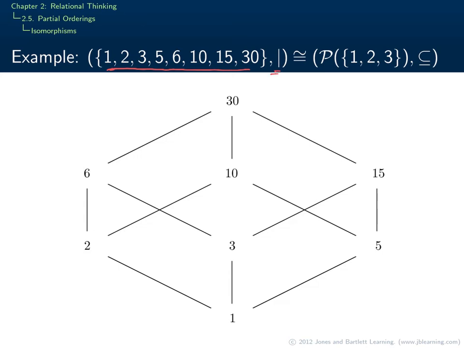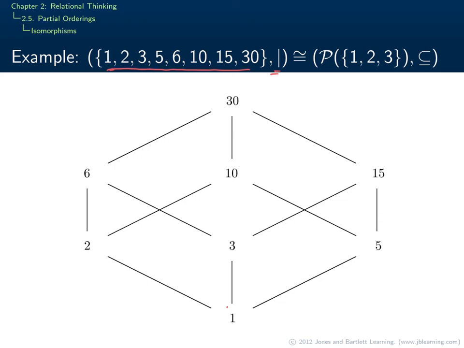Here the smallest element is 1, and its immediate successors, it divides evenly into 2, 3, and 5. They in turn divide evenly into 6 and 15 and 10, and then at the top of the hierarchy is 30. Now this figure should look familiar to you because we've seen it before in this video.